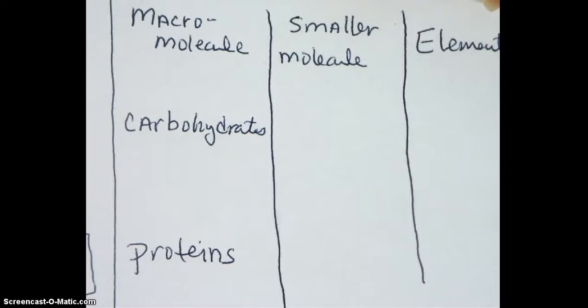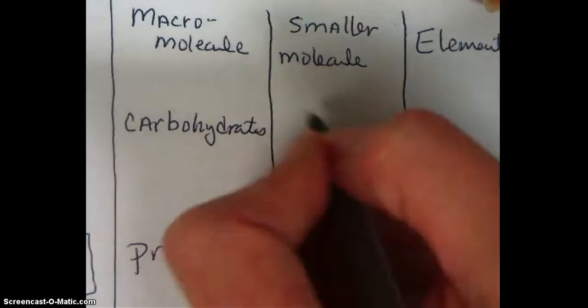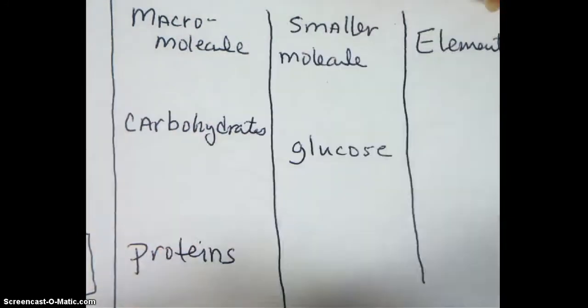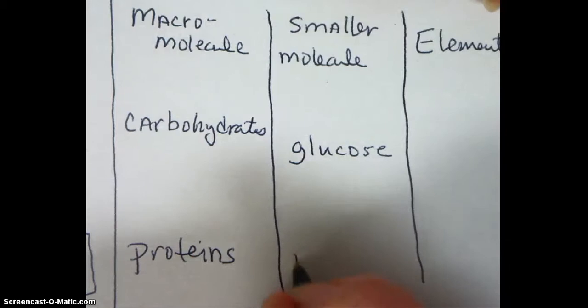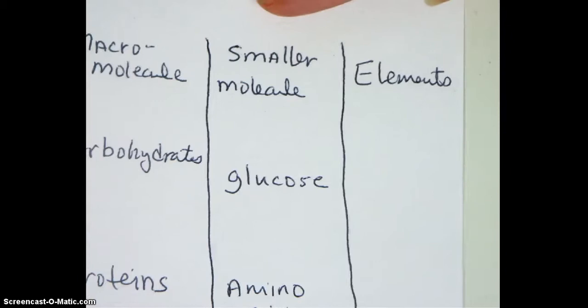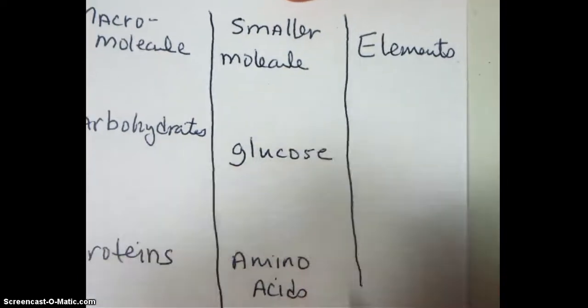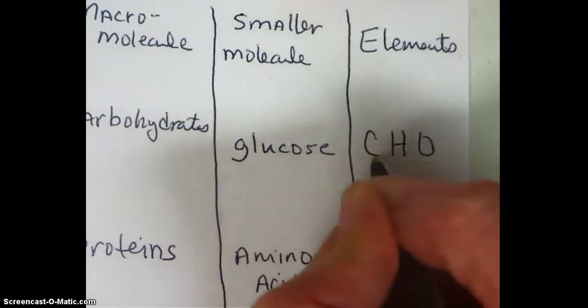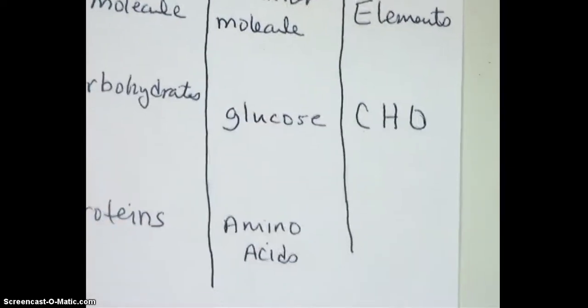The smaller molecules that are going to be formed from carbohydrates are glucose, and from proteins, amino acids. And remember the elements, when we did CHO, CHON, CHONS. For carbohydrates, that was CHO: C, H, and O, carbon, hydrogen, and oxygen.